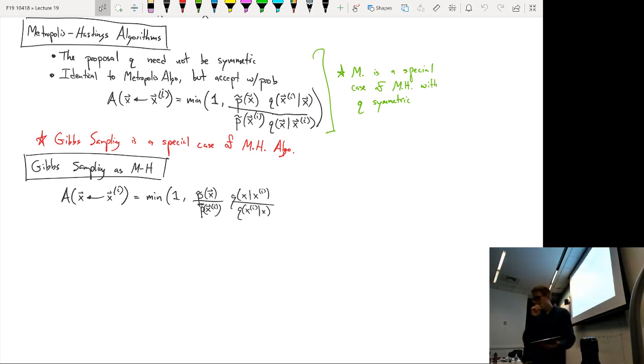What we want to think about is, what do these quantities actually look like for the Gibbs sampler? Let's start substituting some quantities in. First, the ratio of p tilde x and p tilde xi is equal to the ratio of p of x and p of xi.